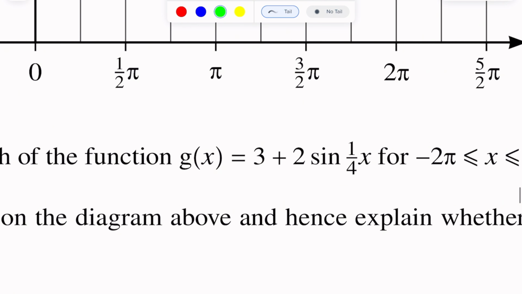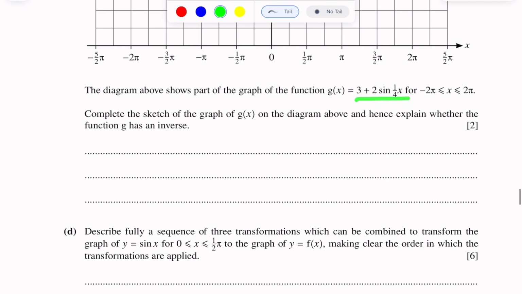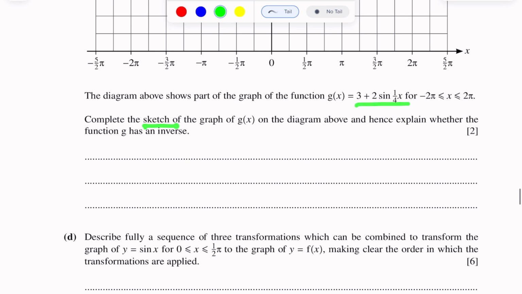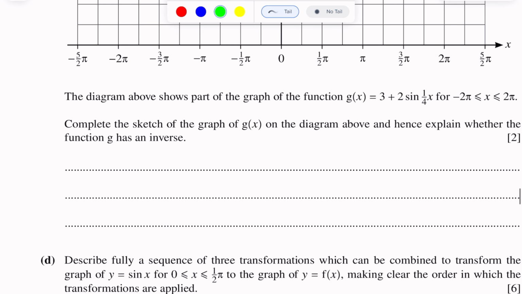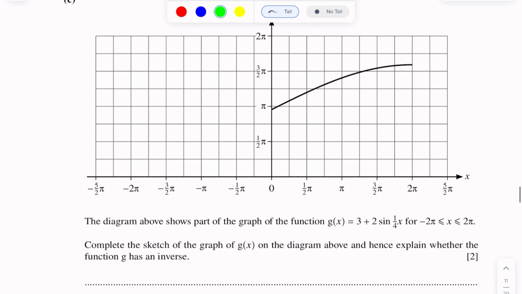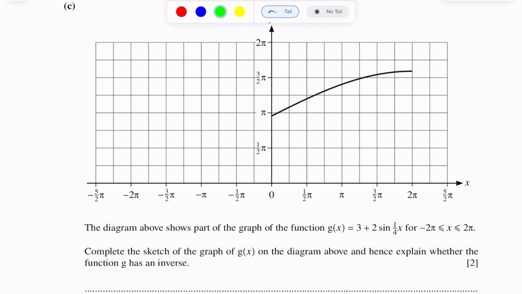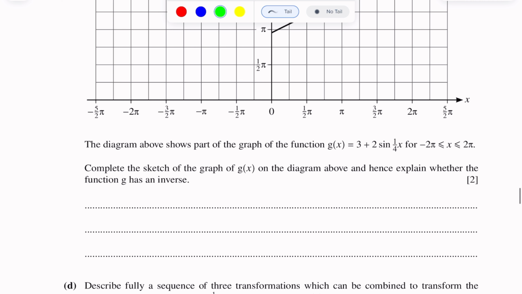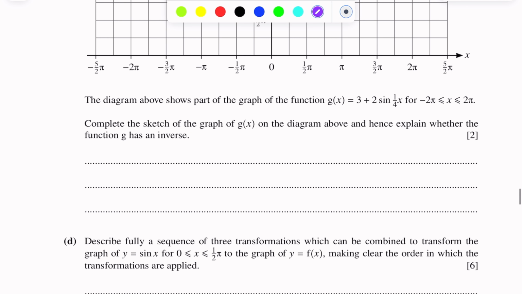This graph is of sine x. Complete the sketch of the graph g(x) on the diagram above and hence explain whether the function g has an inverse. Now we have to complete this graph. I am giving you an example. Suppose we have a function a sine x plus b.